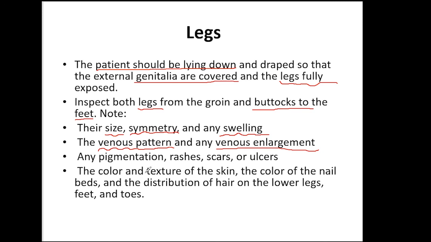And also we're looking at some parts of the skin to see if they have a special kind of color there. Pigment means a special kind of color. Sometimes yellow, sometimes blue. Maybe some special kind of pigment in it. And also if they have some rashes in some area, or maybe scar tissue somewhere, and ulcers.